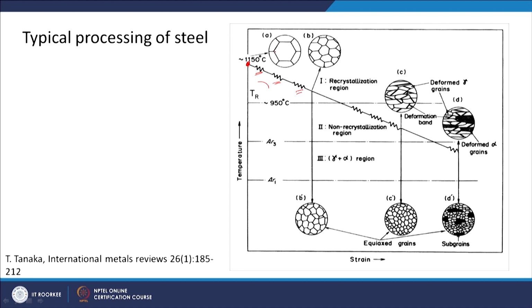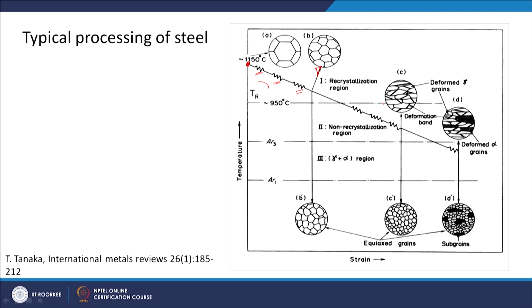You start with a very coarse grain, then recrystallization is happening. This is my first recrystallization region. Then you can see the temperature is continuously coming down, and this is a non-recrystallization region, that means there cannot be any recrystallization in this particular region.